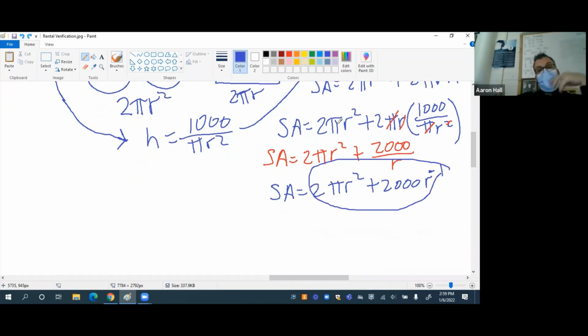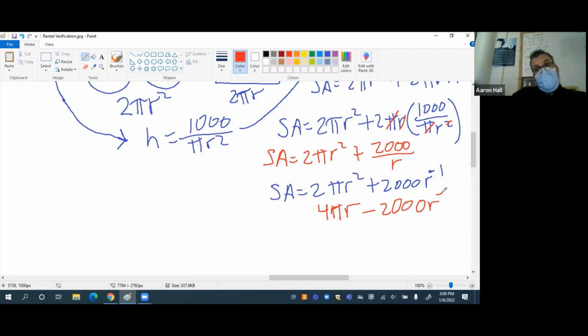What is my derivative? What's the derivative? 4 pi r to the power of negative 2, which equals 0.